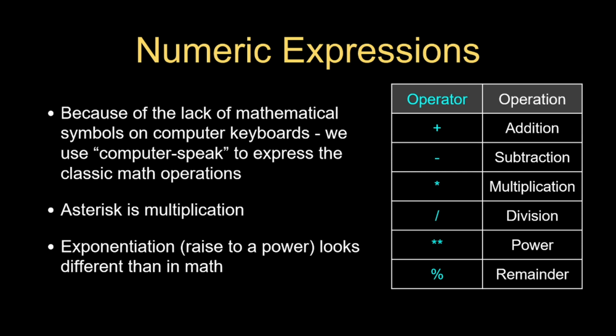So as I mentioned earlier, power is double asterisk, then as I said earlier, the percent is treated differently if you want to use it as a division, though it's still part of, it somewhat uses division in a process, but the output is different.